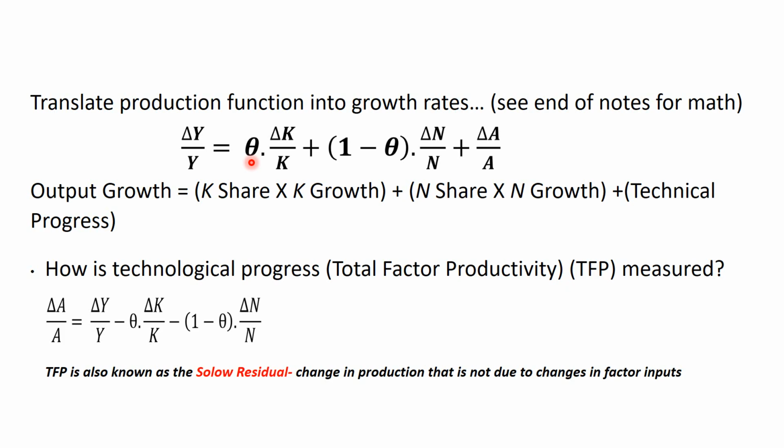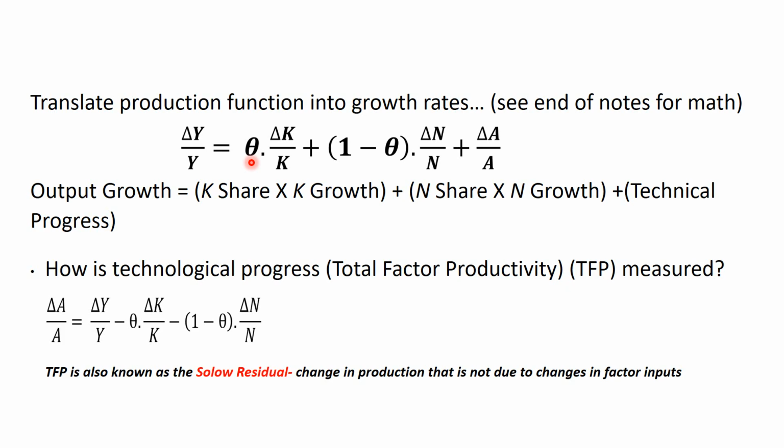It's possible that capital contributes more to total output growth than labor does, or vice versa. In fact, the share of capital stock in total output growth is usually less than the share of labor in total output growth.